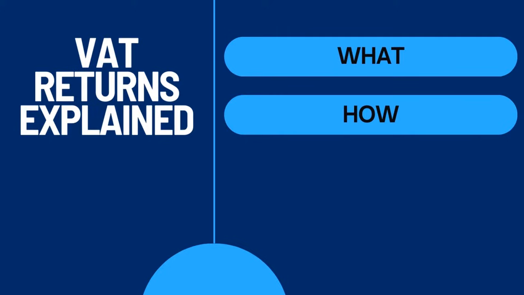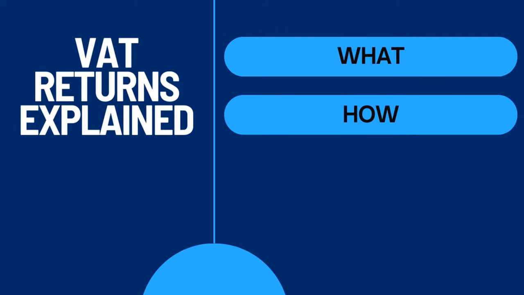So what are VAT returns? A business or company that is registered for VAT will charge VAT on VATable sales and can claim back VAT on expenses that have a VAT element.